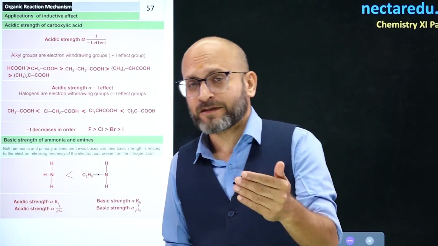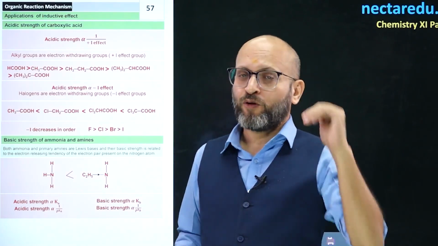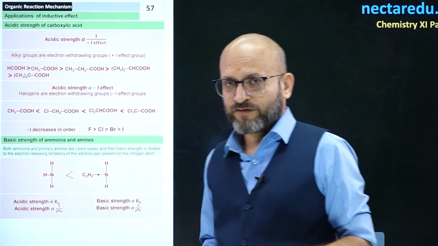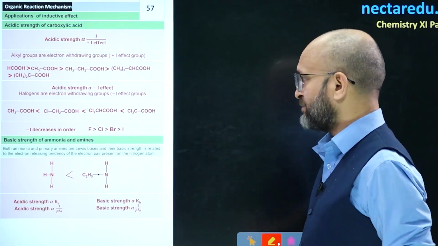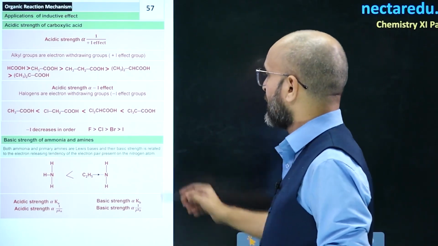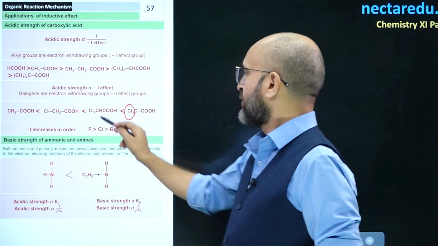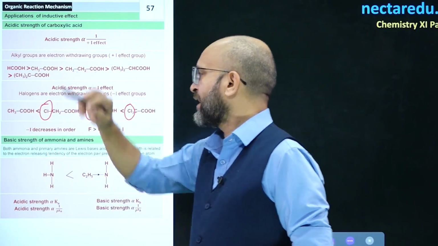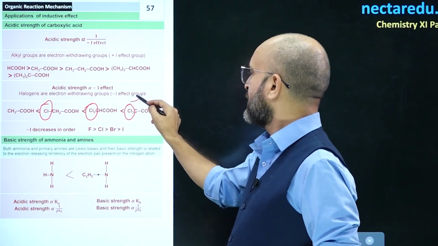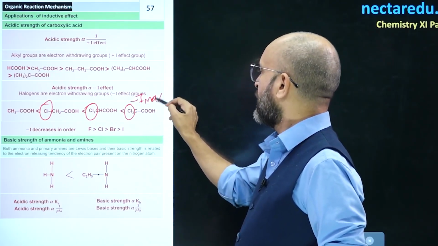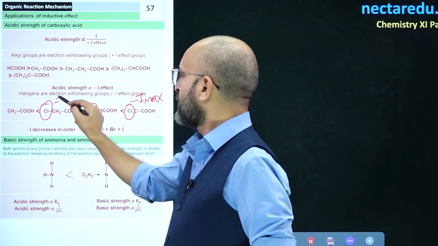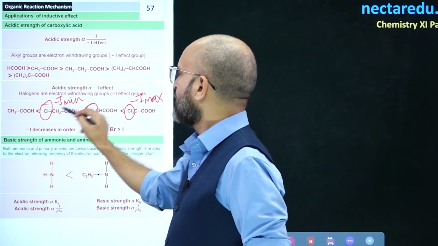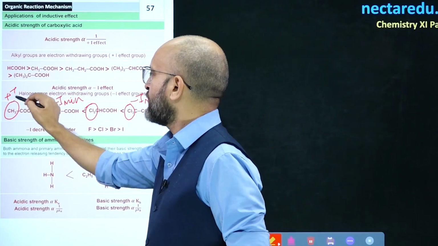Similarly, if minus I is more, acidic character is more. That is what is happening in the second example. We have 3 chlorine atoms, we have 2 chlorine atoms, we have 1 chlorine atom, we have no chlorine atom over there. So minus I is maximum here and minus I is minimum here, and this one has plus I effect.